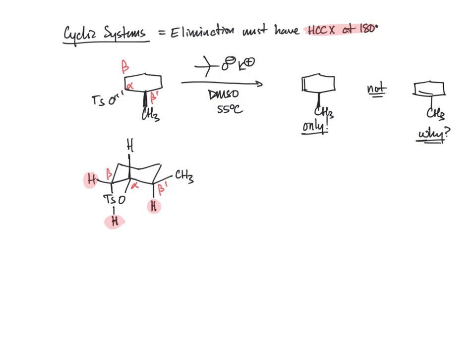Looking at this conformation, do you see a dihedral angle between beta or beta prime where H-C-C-tosylate is 180 degrees? Put another way, HA, HB, or HC, can any of those be deprotonated now to do an elimination?